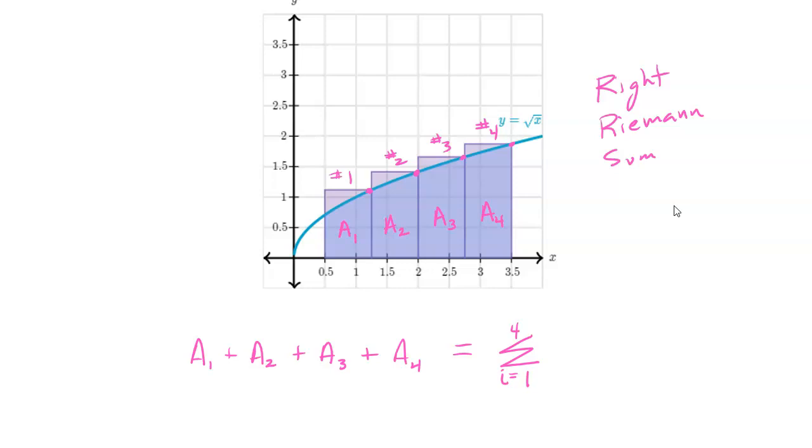So if we look at A1 plus A2 plus A3 plus A4, we're adding up the first 4 numbers, 1, 2, 3, 4, of the areas. So this Riemann sum problem can be written like that.